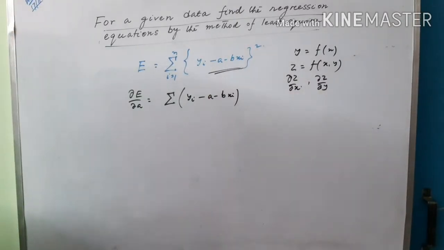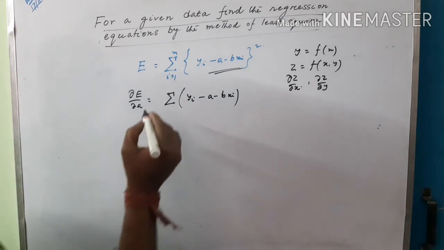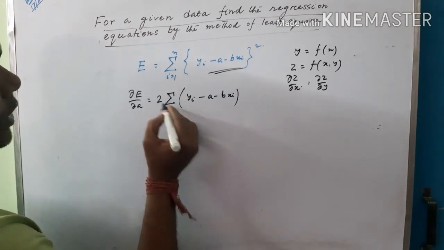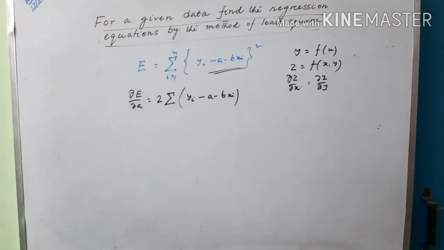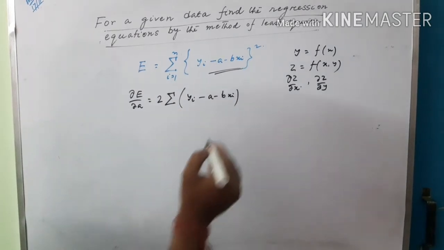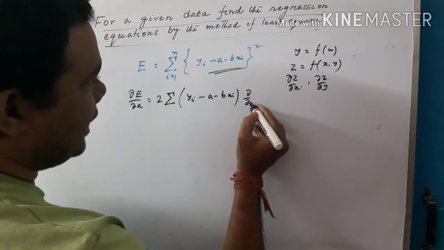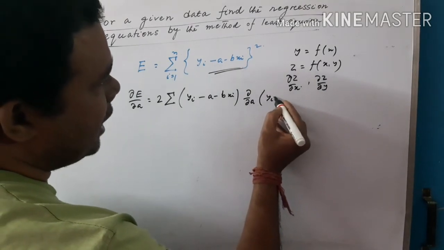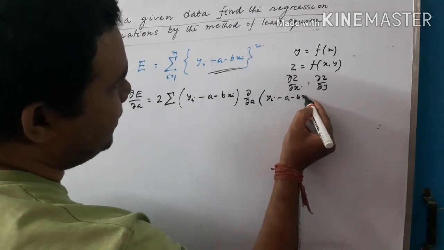Now it's whole square. So what is the form? It's an x square form. And what is the derivative of x square? It has derivative 2x. Now we shall differentiate this x part with respect to a, that is, del a of (yi minus a minus bxi).